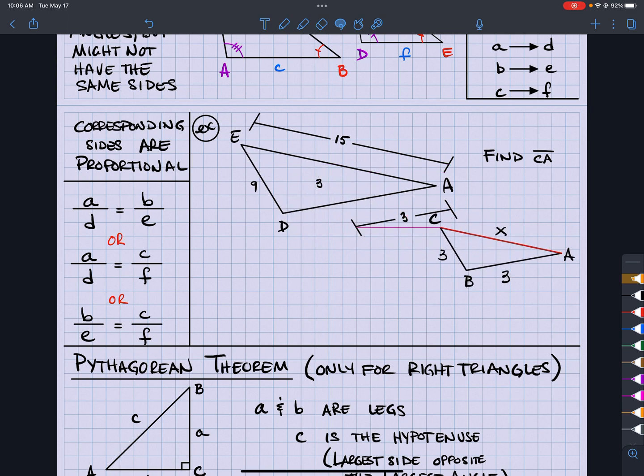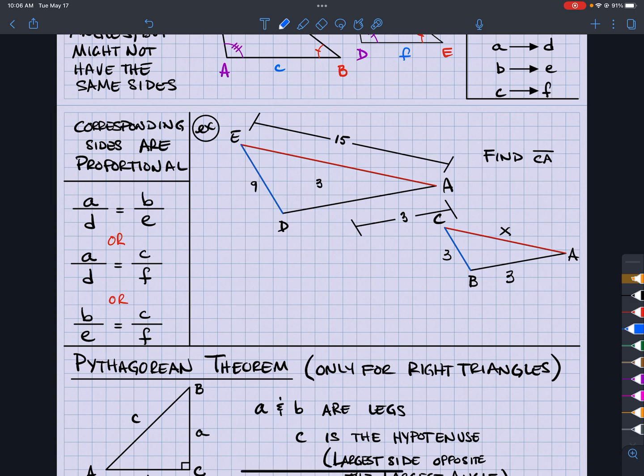That's what I've got to remember as I look at it. Because X is that side, I know it corresponds to this side here. And the 3 of BC corresponds with ED.